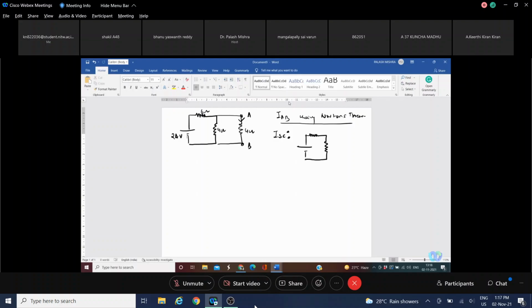And essentially what you have done, you have just short circuited this terminal A and B. And you have to find out this current ISC. Please let me know what is the current ISC. Please take time and then let me know the answer.